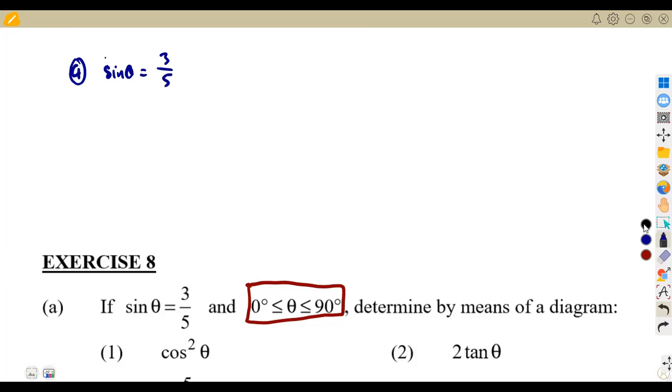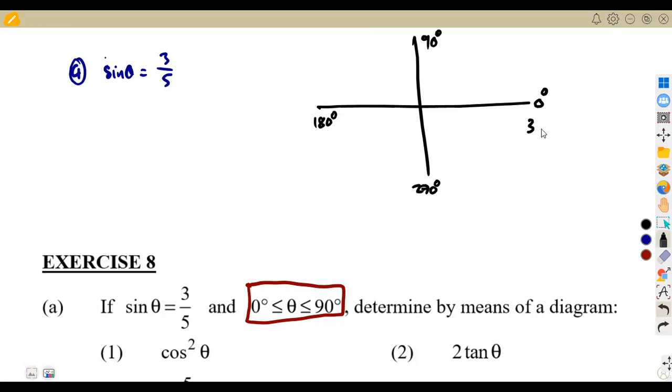Here we are given that the sine of theta is 3/5. From our Cartesian plane, remember this is 0 degrees, this is 90 degrees, this is 180 degrees, this is 270 degrees, and this is 360 degrees.